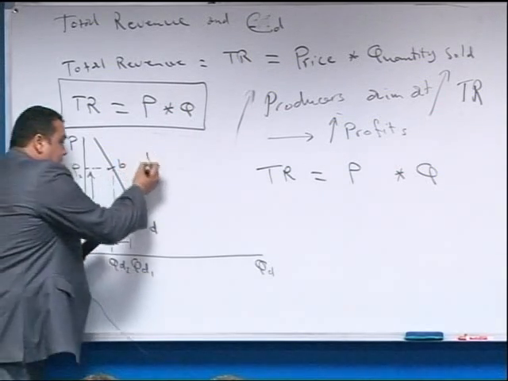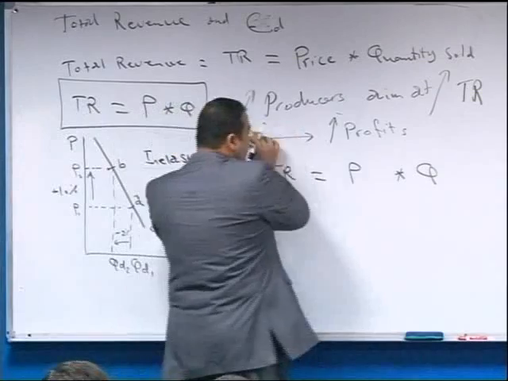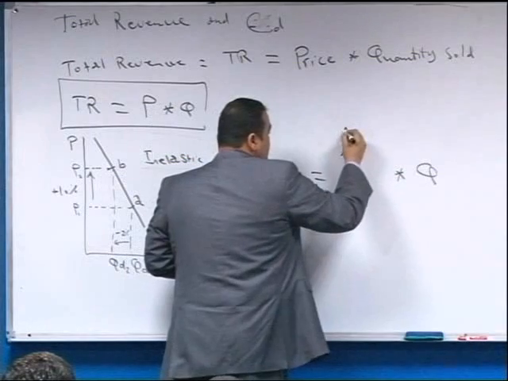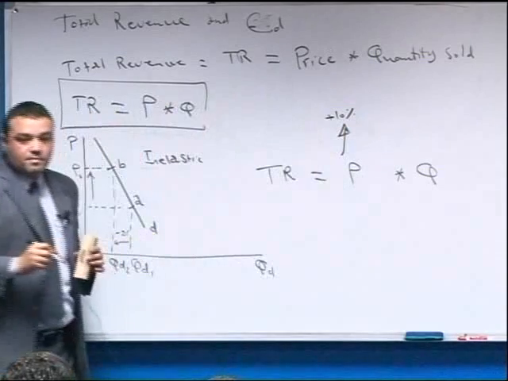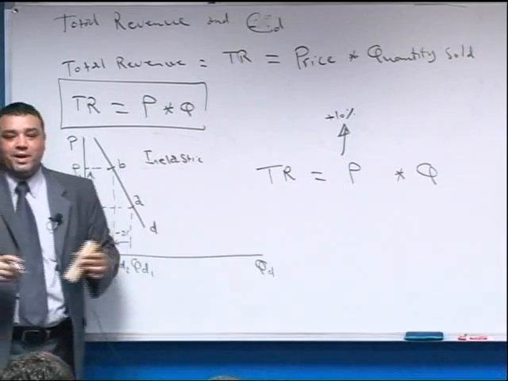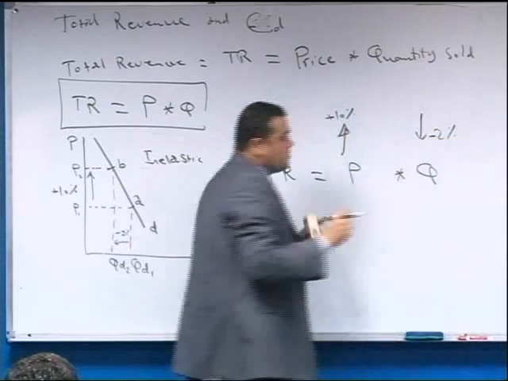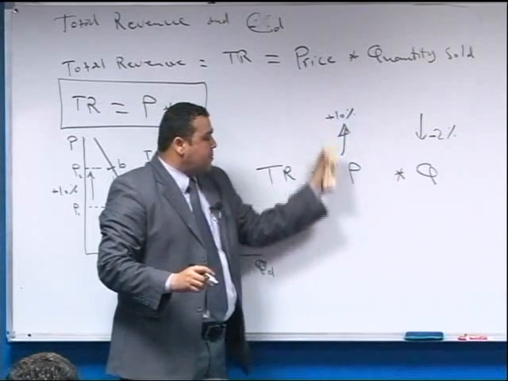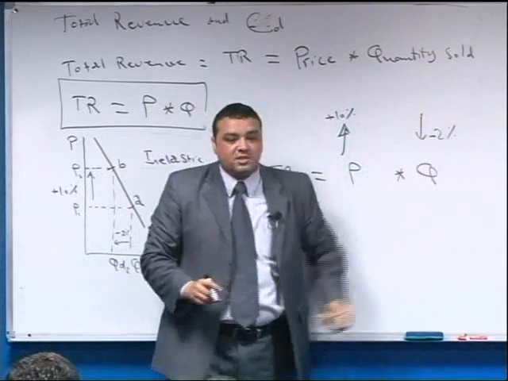So when the demand is inelastic and the producer decided to increase the prices by 10%, the quantity demanded would decline by 2%. As you see, the percentage change in the prices is larger than the percentage change in the quantity demanded.